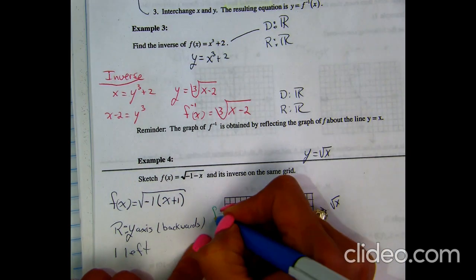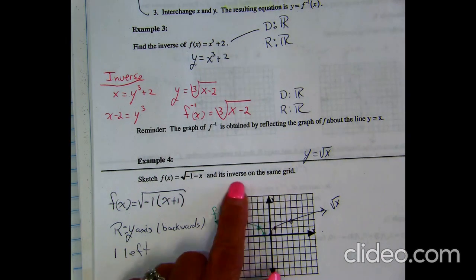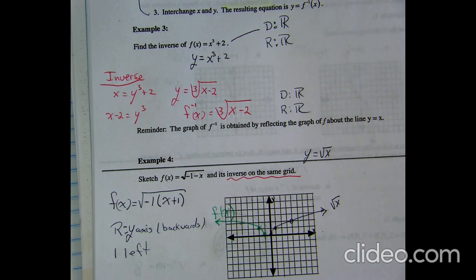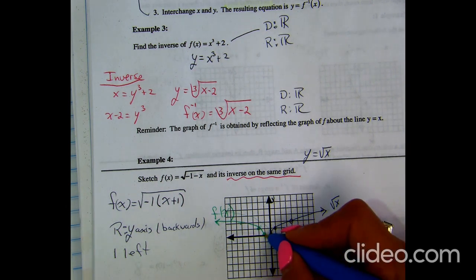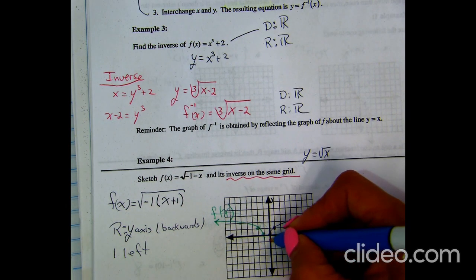Okay, so here is f at x. What does the inverse look like? So I'm not asking you to find the inverse, I'm just asking you to graph the inverse. When you graph the inverse, you exchange x and y. So this point, -1, 0, becomes the point 0, -1.